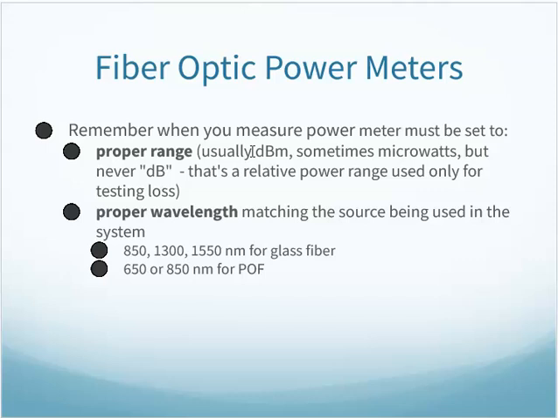If I'm measuring loss, I would need to make sure that I'm set for dB, decibels, and that would be a measurement of how much difference there is from the last measurement. You know, reference cable measurement, and then I hook up the test cable, how much loss was there between the two. Make sure I'm also using the correct wavelength. Our test meter and our test cable will be alternating between 850 and 1300 to test how those two different wavelengths of light function across that cable.